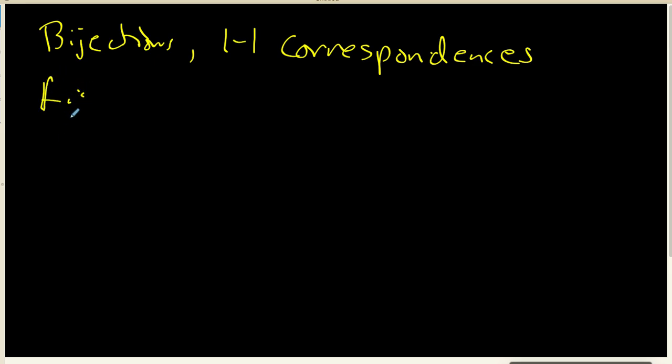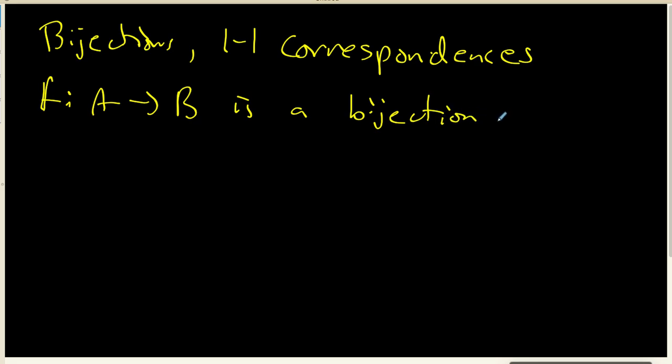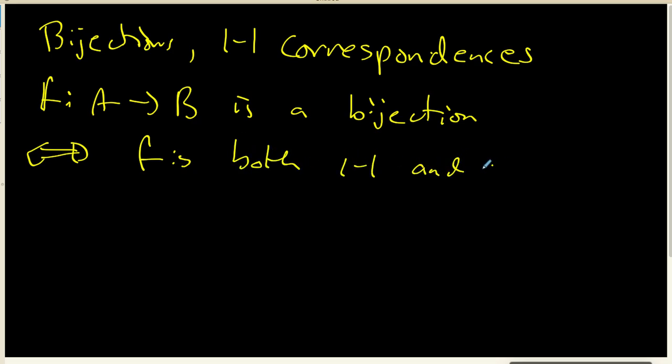Let's get the formal definition looking a little bit better. So f goes from A to B, is a bijection or a one-to-one correspondence if and only if f is both one-to-one and onto. And the proof strategy for proving that something is a bijection is you have to do both pieces.